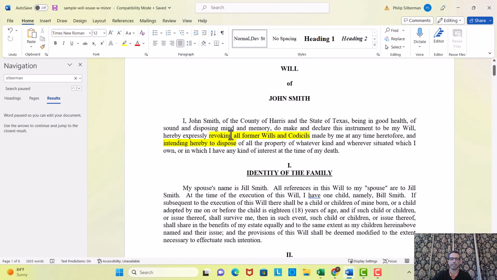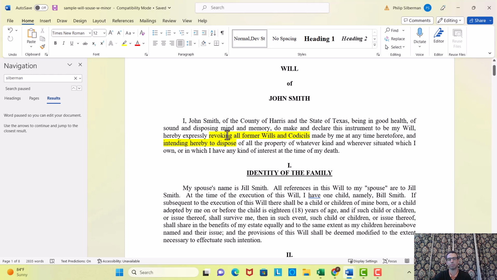We have the basic recitation of a will that includes testamentary intent. That's a major requirement of every will, that the testator, that's the person making the will, have testamentary intent. You see that here where the testator says that he's intending to dispose of his property.